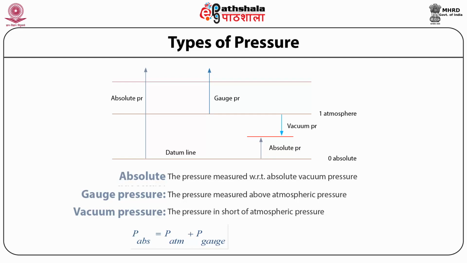Suppose the absolute pressure is 55 kilopascal. This is less than the atmospheric pressure. The vacuum pressure thus will be 101 minus 55 is equal to 46 kilopascal. That means we can say 46 kilopascal of vacuum is maintained. The relation is thus P vacuum is equal to P atmospheric minus P absolute. Manometers are used to measure both gauge and vacuum pressures.